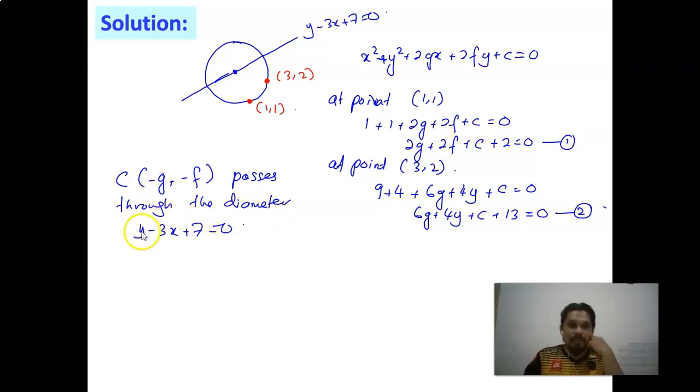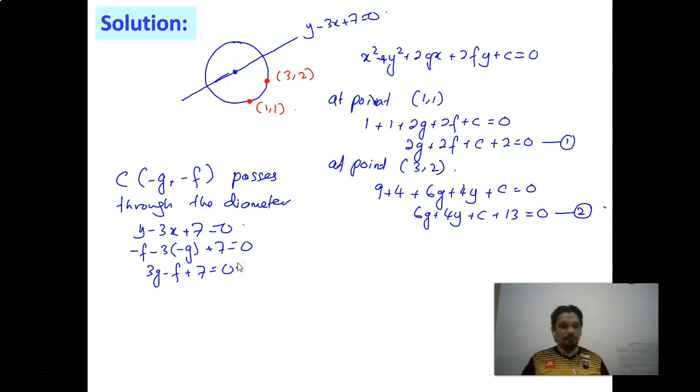So we substitute x and y with negative g and negative f, so then it is negative f minus 3 times negative g plus 7 equal to 0, or negative and negative become positive, 3g minus f plus 7 equal to 0. Okay, equation 1, equation 2, and this is equation 3.